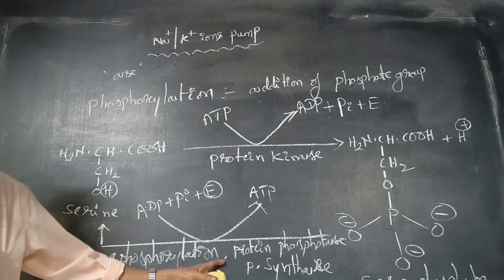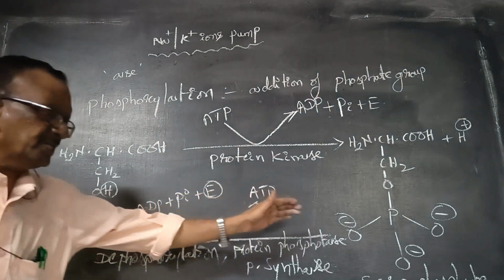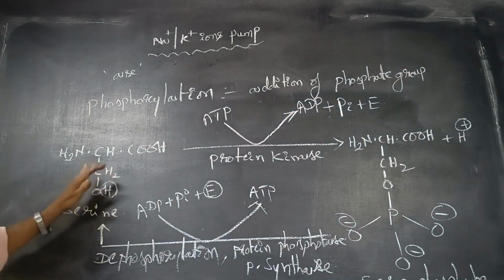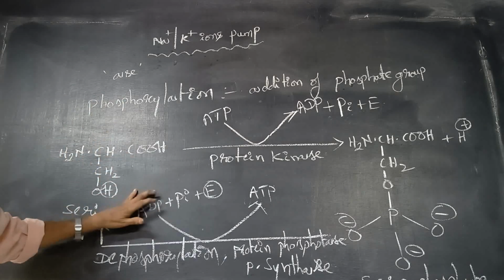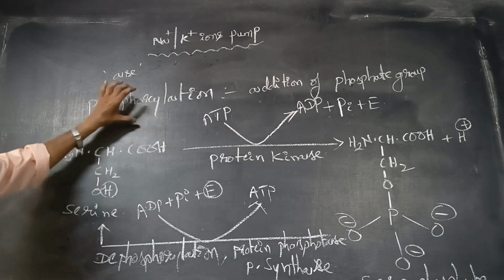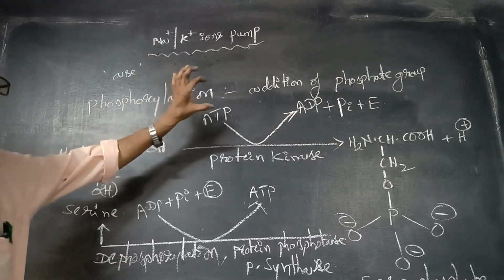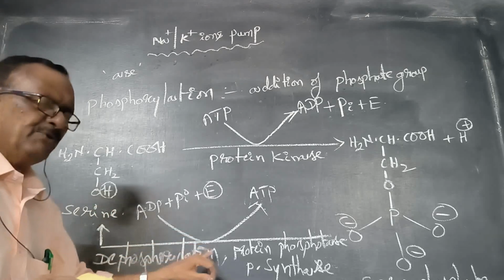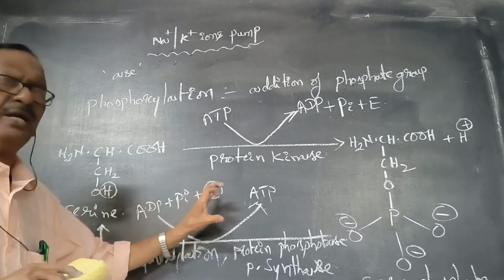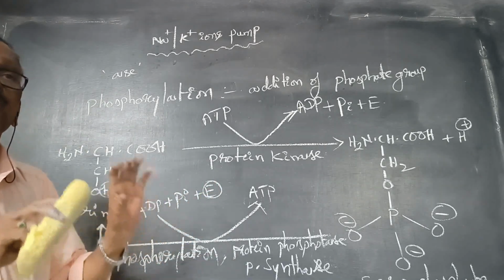That is another enzyme. So this is dephosphorylation. So in the case of phosphorylation and dephosphorylation, what is happening in the first process? Phosphate group is being added. In the dephosphorylation, phosphate group is removed.